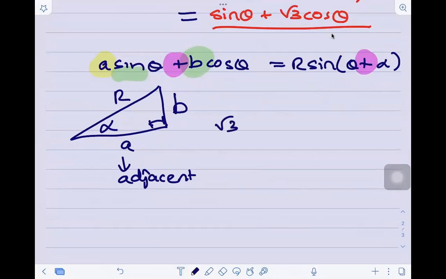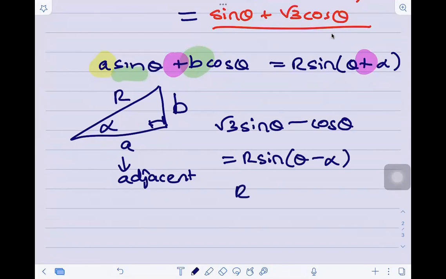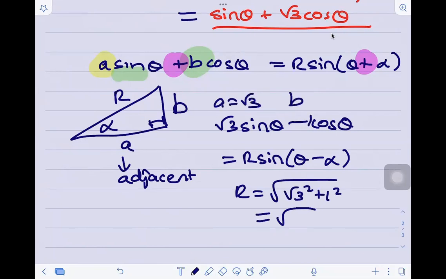So if you have root 3 sine theta plus cos theta, for example, that will go into r sine, might make that a minus, just to show you the minus, theta minus alpha. So r is the square root of root 3 squared plus 1 squared. Don't worry about the negative, you're only interested in the number in front. A is root 3, B is 1, and that's going to be 4, which is 2.